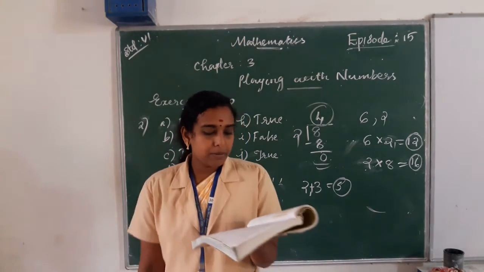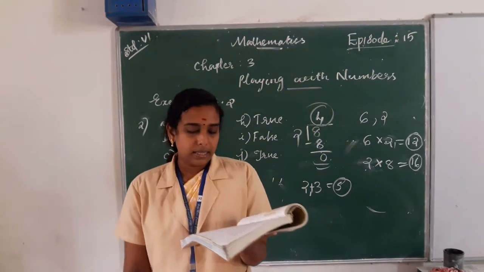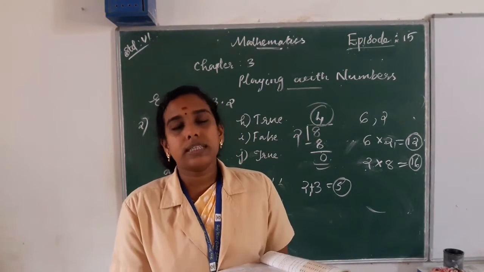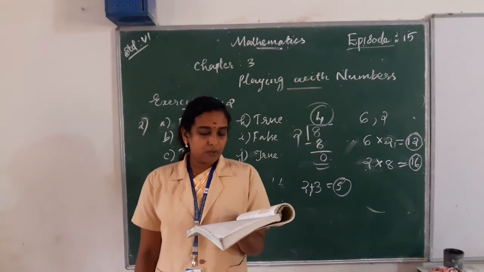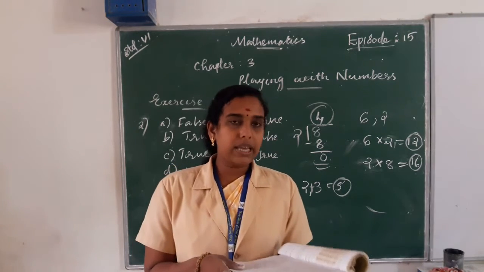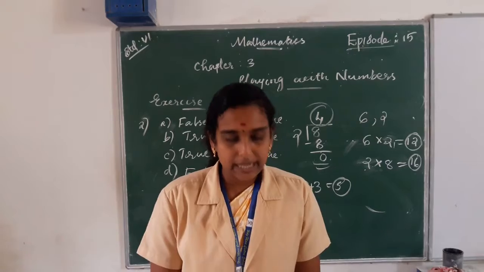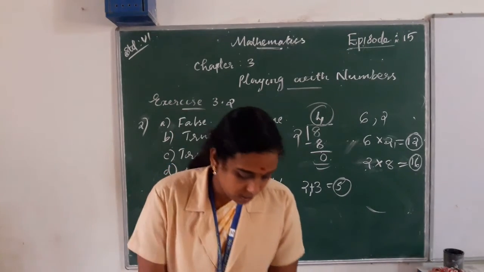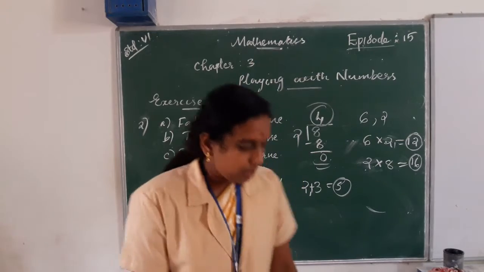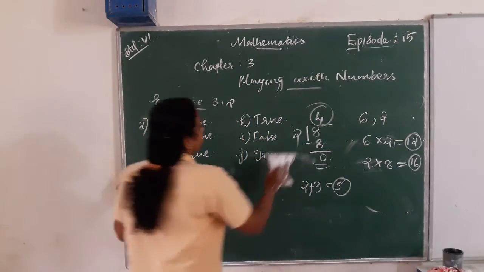Then all even numbers are composite numbers. That is false, since 2 is a prime number, which is an even number. Okay. Then the product of two even numbers is always even. That is true. We take the product of any two even numbers, and the answer is also an even number. So these are the answers for the true or false questions.